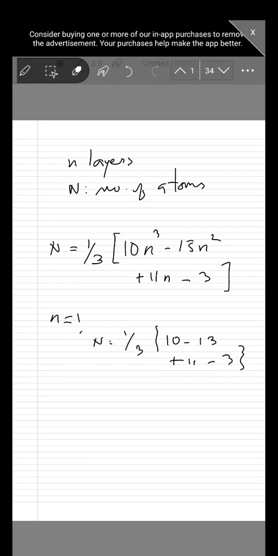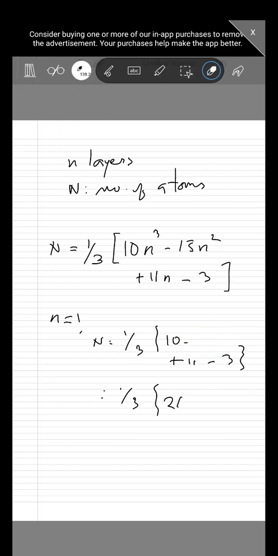It will come as 1/3 into 21 minus 18. Oh sorry, it's 15 not 30. Okay.